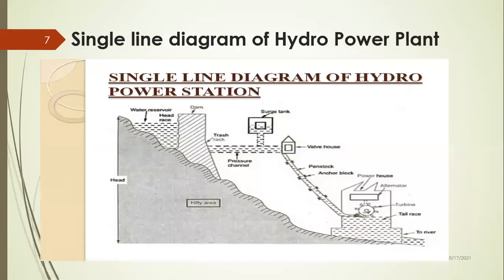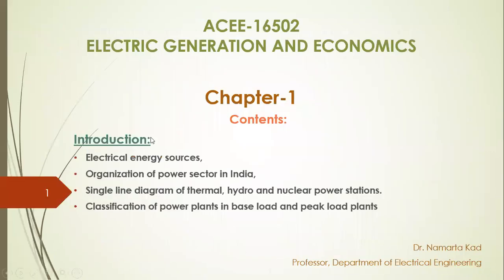I'll just show you the various topics. So these are the different topics that we have covered: electrical energy sources, organization of power sector in India, then the single line diagram of the thermal, hydro and nuclear power stations, and then the classification of power plants in the base load and peak load plants category. So this is all about our first chapter.